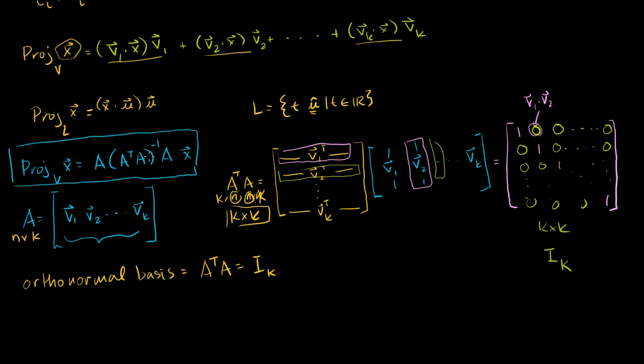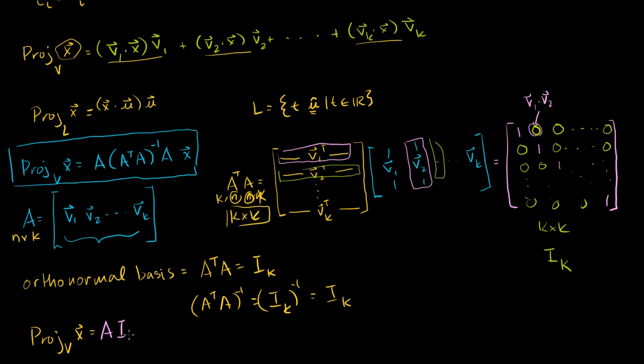And so what's the inverse of the identity matrix? A transpose A inverse becomes the inverse of the k by k identity matrix, which is just the k by k identity matrix. So the projection onto V of our vector x simplifies to A times the inverse of the identity matrix, which is just the identity matrix.